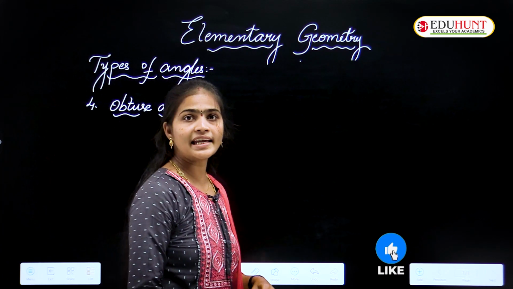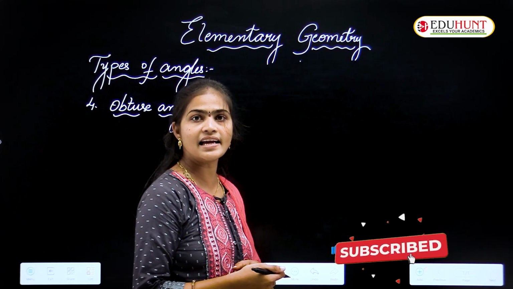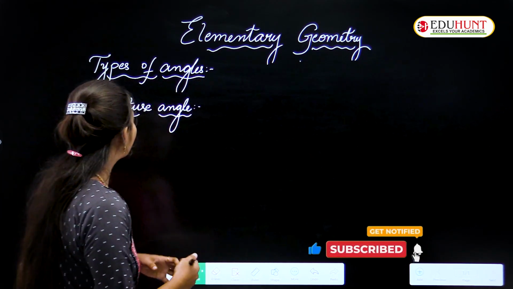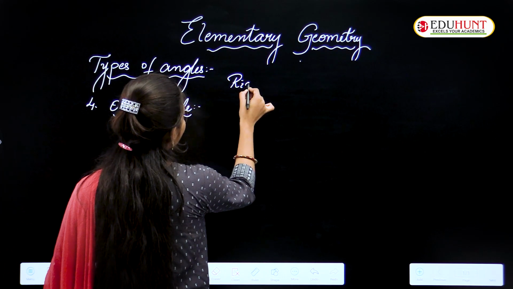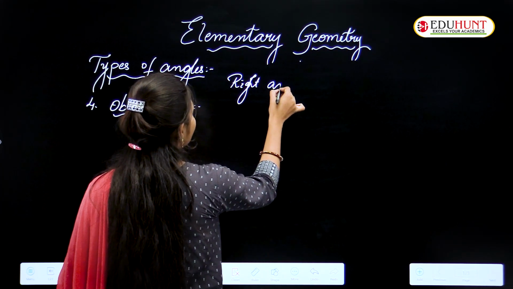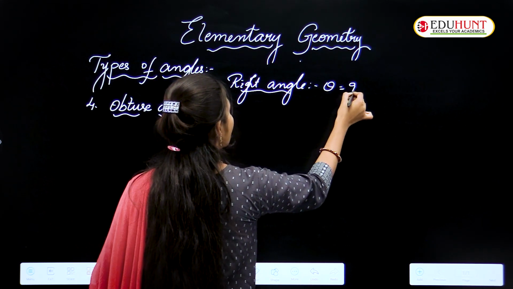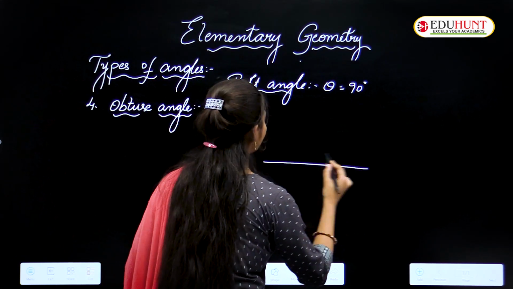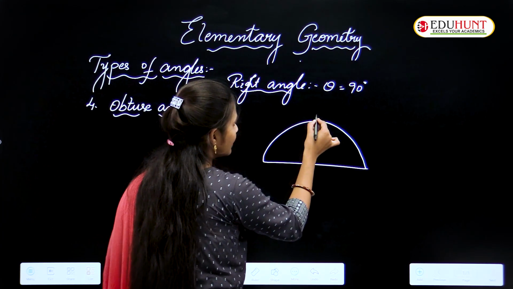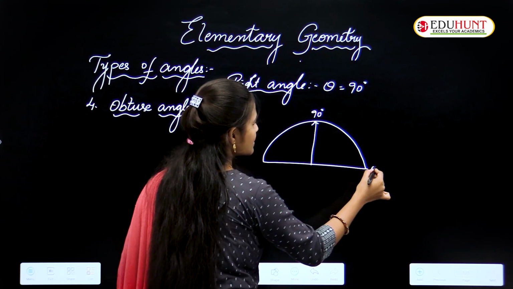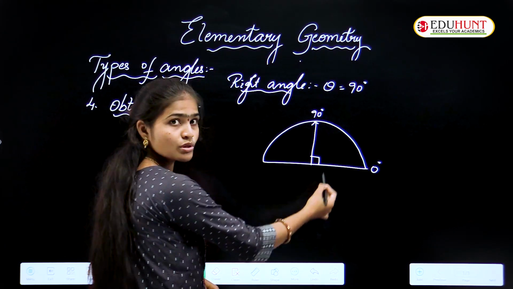Next, the fourth one, obtuse angle. Obtuse angle means the angle which is greater than 90 degrees and less than 180 degrees. But before going to obtuse angle, we need to discuss right angle. Because right angle measures theta equal to 90 degrees. Already I told you, right? This is the protractor. Here we can observe 90 degrees and this is 0 degrees. This part shows 90 degrees.